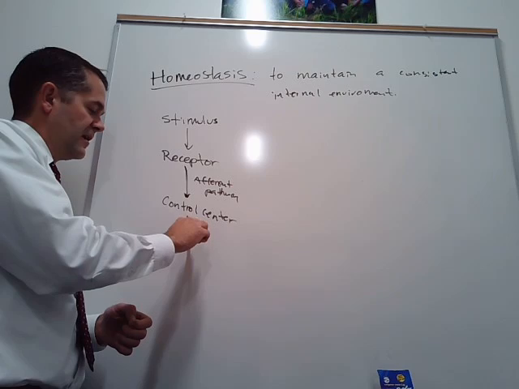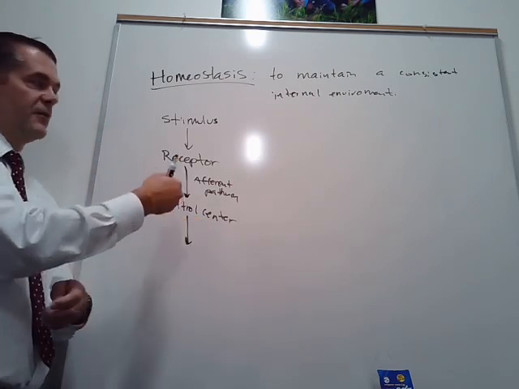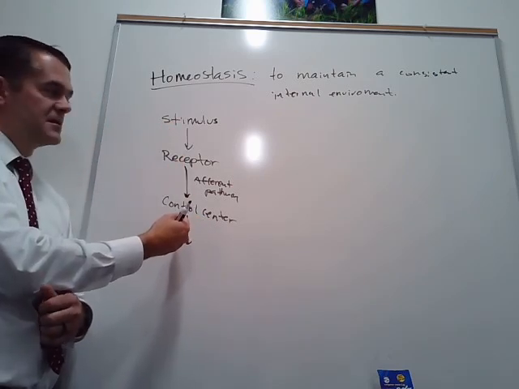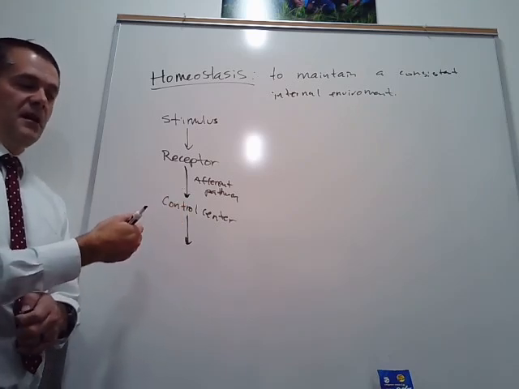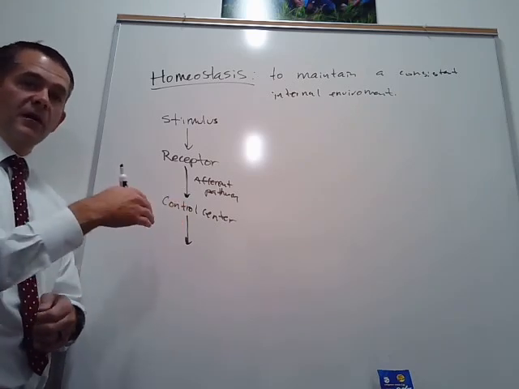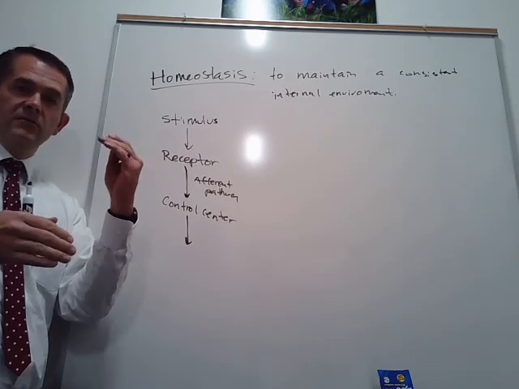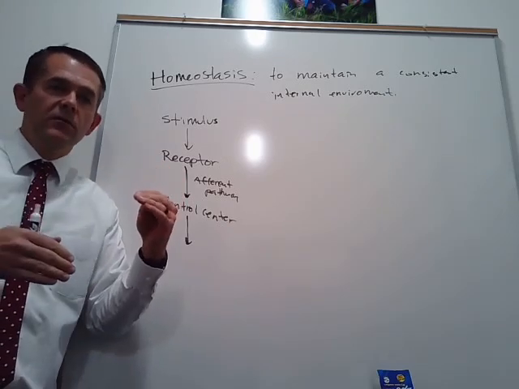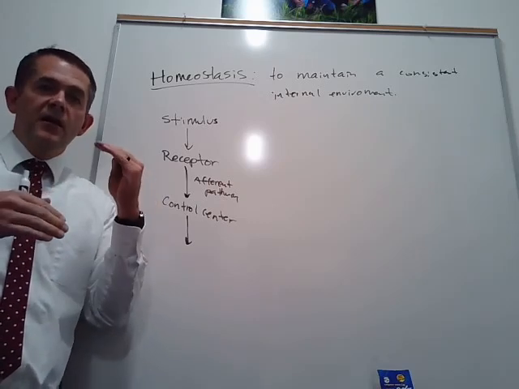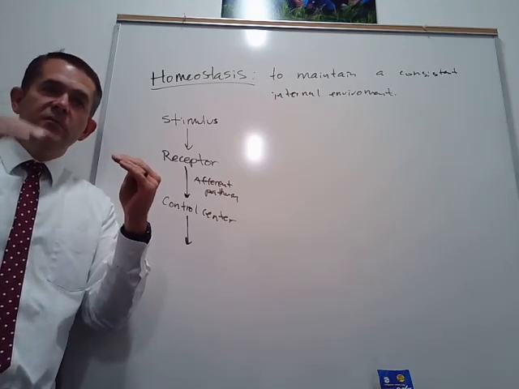Now the control center then measures, okay, we have this information coming in through this afferent pathway from this receptor about this stimulus, and it's going to compare where this variable, blood pressure or body temperature or levels of sodium or calcium or whatever, is at versus where it should be, right?